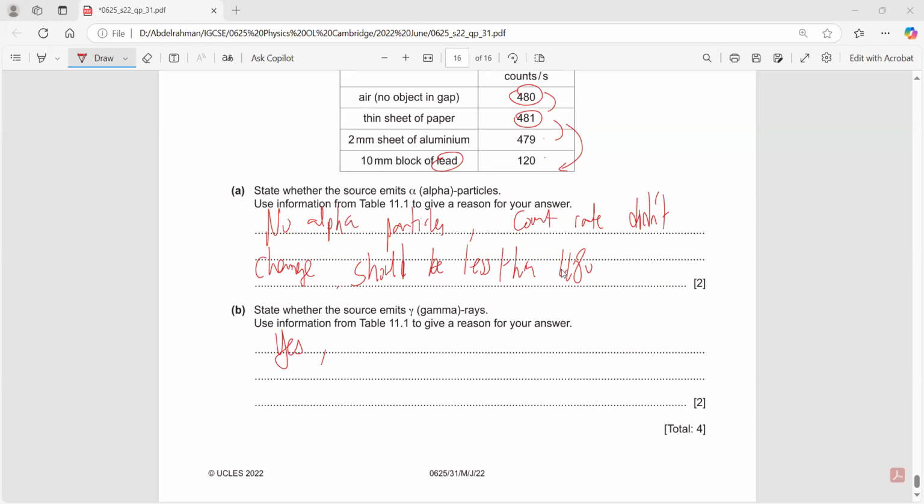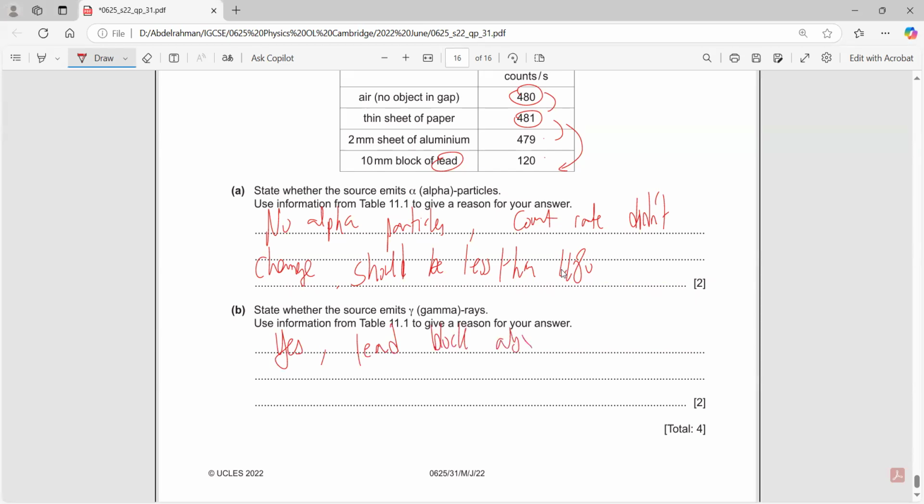And if you ask what about the remaining 120 counts per minute, what is this? This is the background radiation.